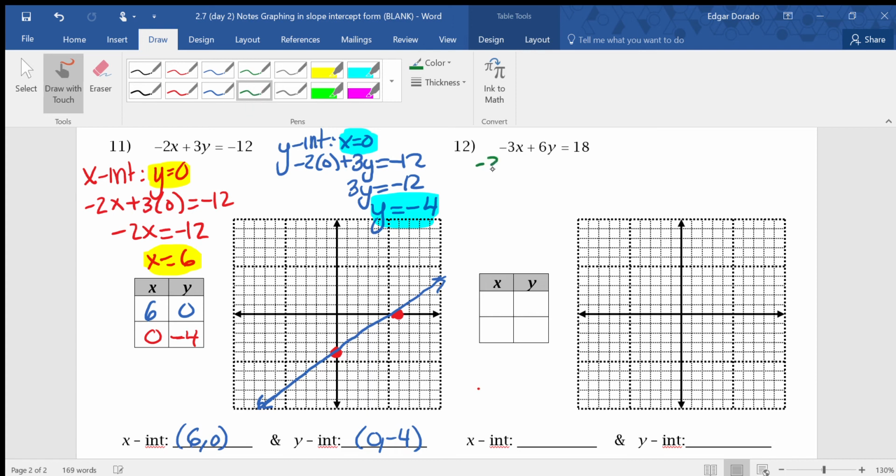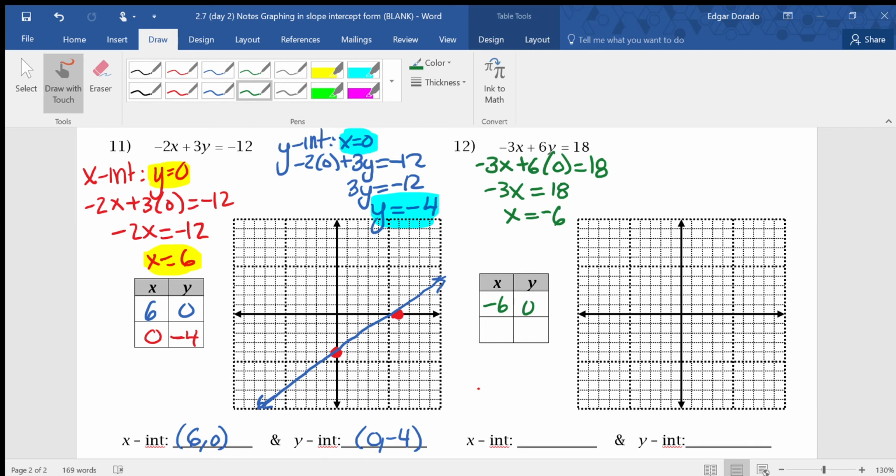So I get negative 3x plus 6 times 0 equals 18. I get negative 3x equals 18 because 6 times 0 is just 0. If I divide both sides by negative 3, I get negative 6. So my answer here is negative 6, comma, 0.